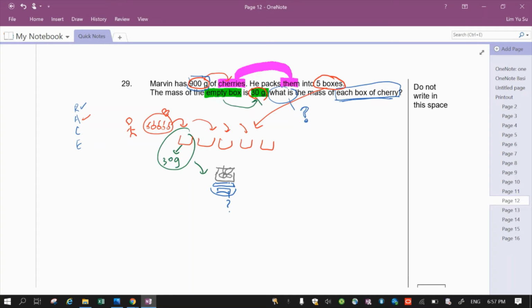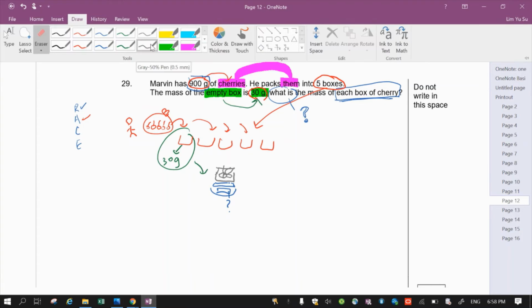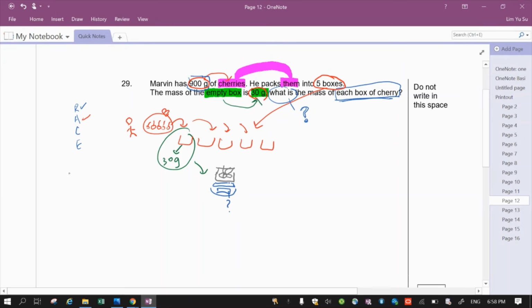You have some cherries. He packs them in 5 boxes. So if I were to change this into a model, here you've got one whole set of cherries at 900 grams, the whole of the cherries, and he packs them into 5 boxes.